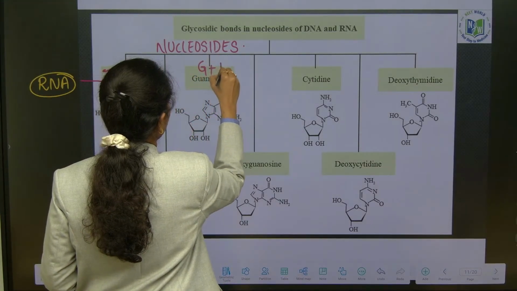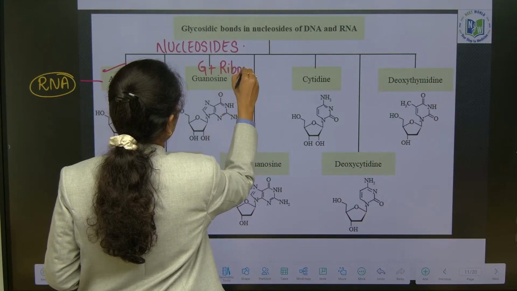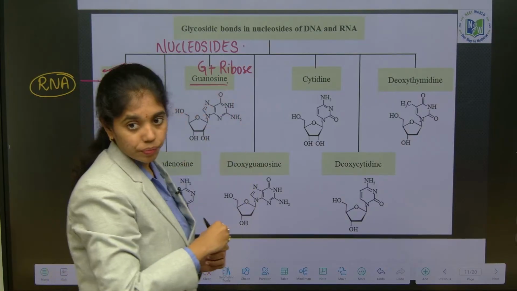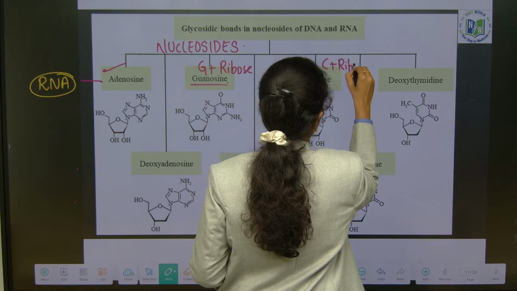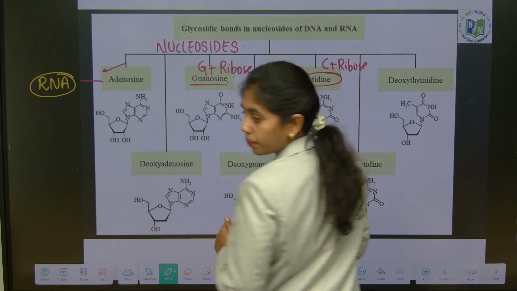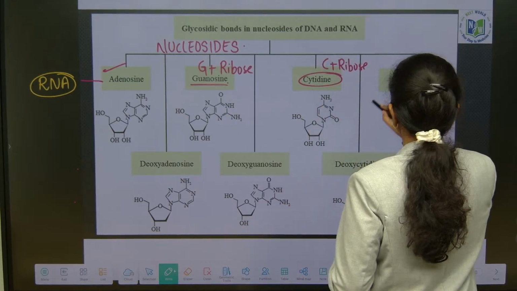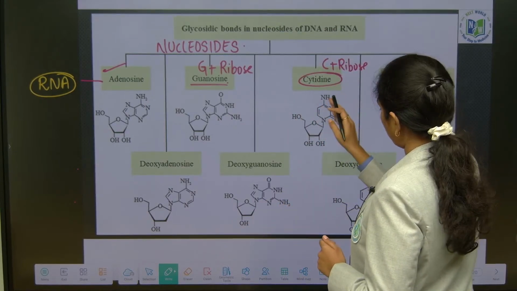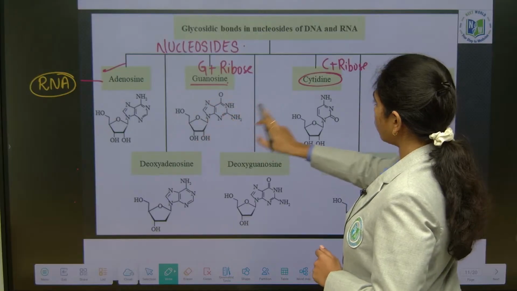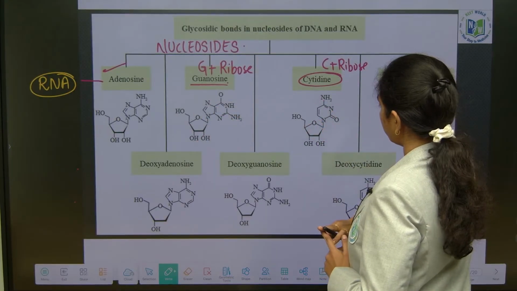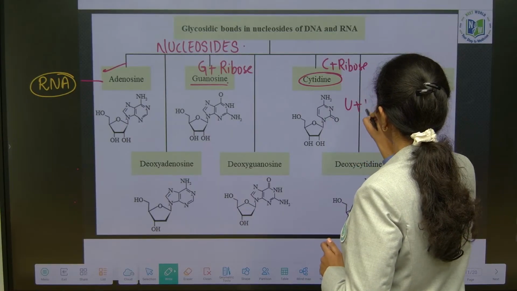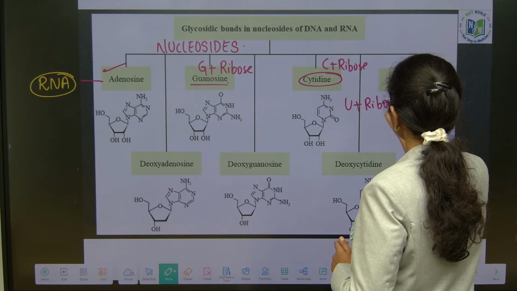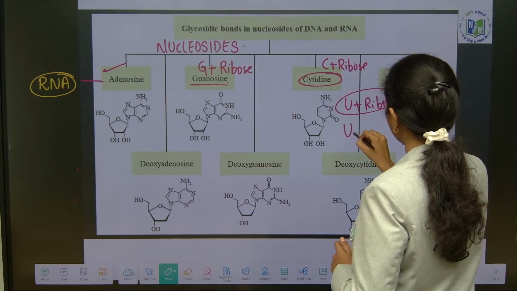Guanine plus ribose sugar is guanosine. Cytosine plus ribose sugar is cytidine. So adenosine, guanosine, cytidine. One is skipped, that is uridine: uracil plus ribose sugar is addressed as uridine.